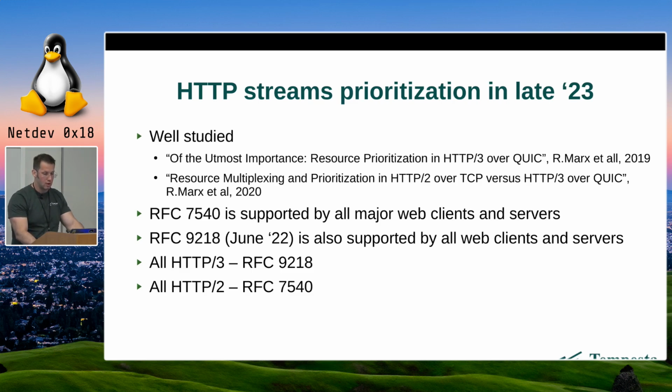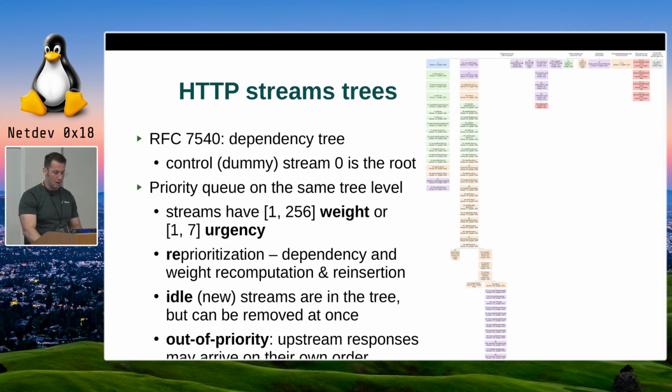So at the end of 2023, it appears that 7540 is only used for HTTP/2, and 9218 is used for HTTP/3. So we said, okay, if nobody supports 9218 for HTTP/2, then we'll do the same.